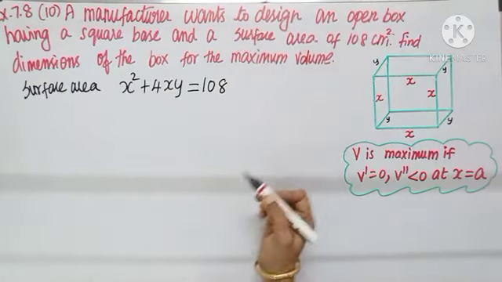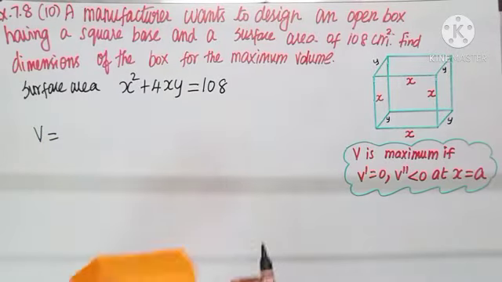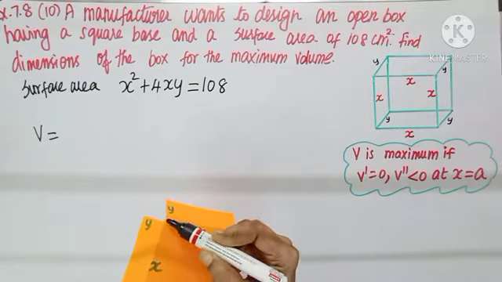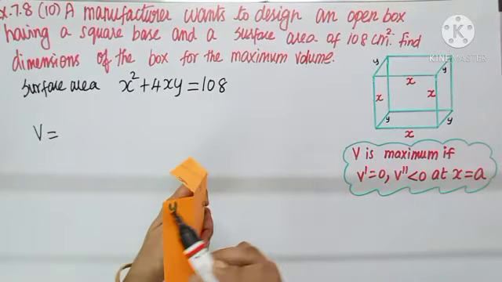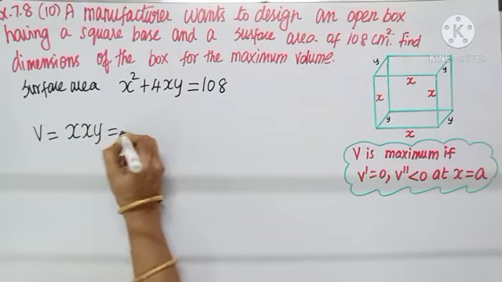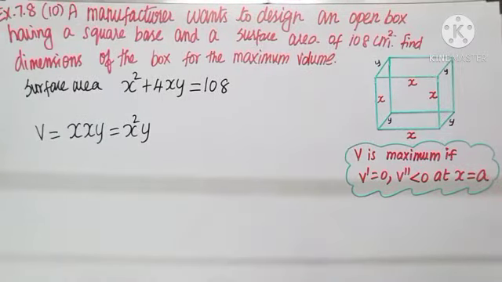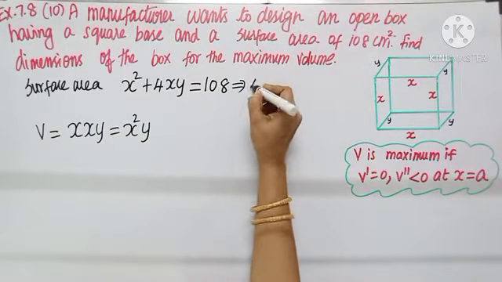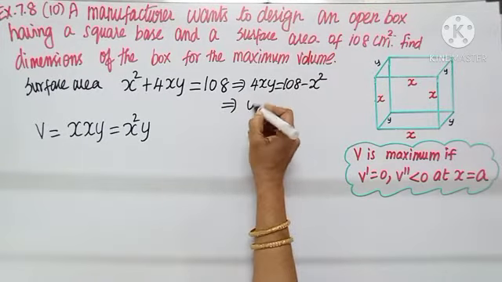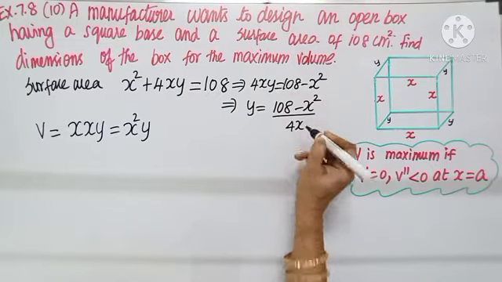What is the question actually? Volume. What is the volume formula? Length into breadth into height. If this is the square box, you have x as length, x as breadth, and the height is y. So you have x square y. 4xy equals 108 minus x square, or y equals (108 minus x square) by 4x.